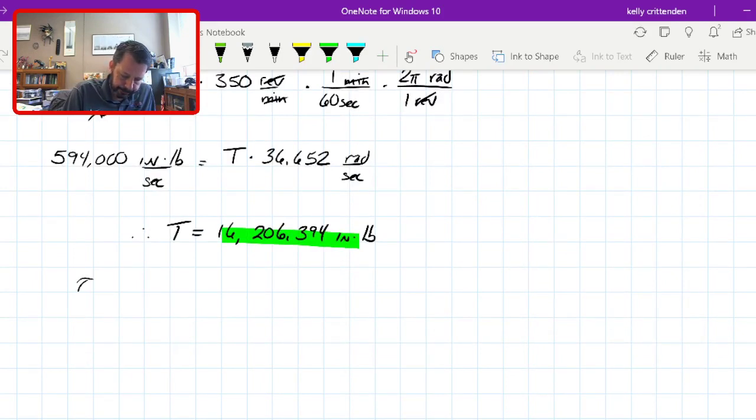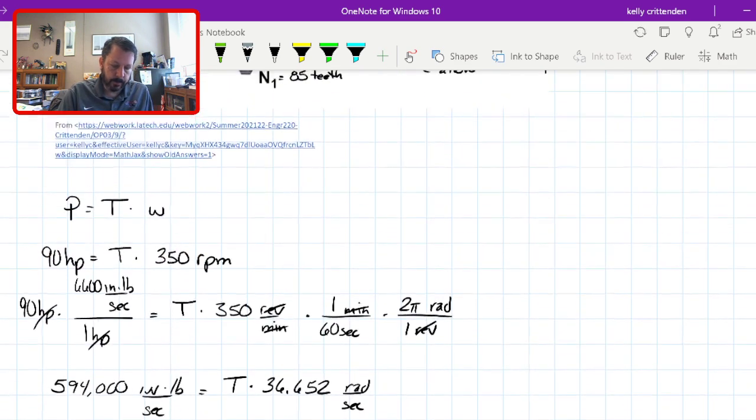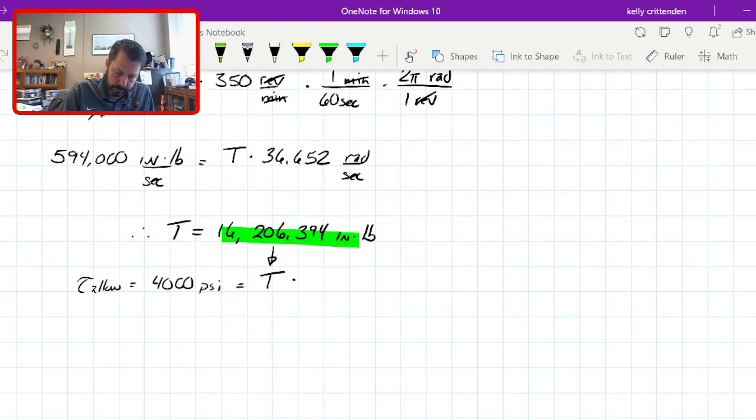So tau allowable is 4,000 psi equals T, which we just found, times C, which is what we're trying to find, which is D over 2. We'll just do C though. Over pi over 2 times C to the fourth. So that C and that C becomes C to the third.